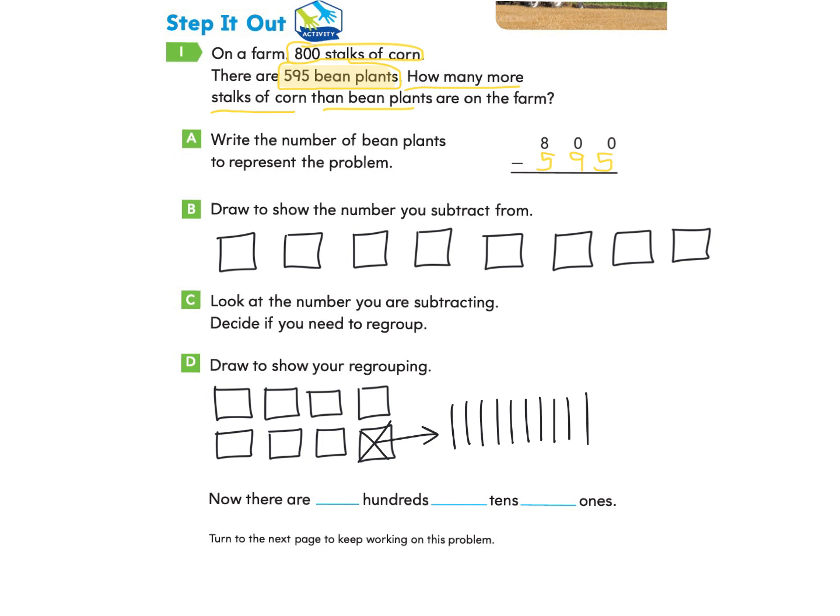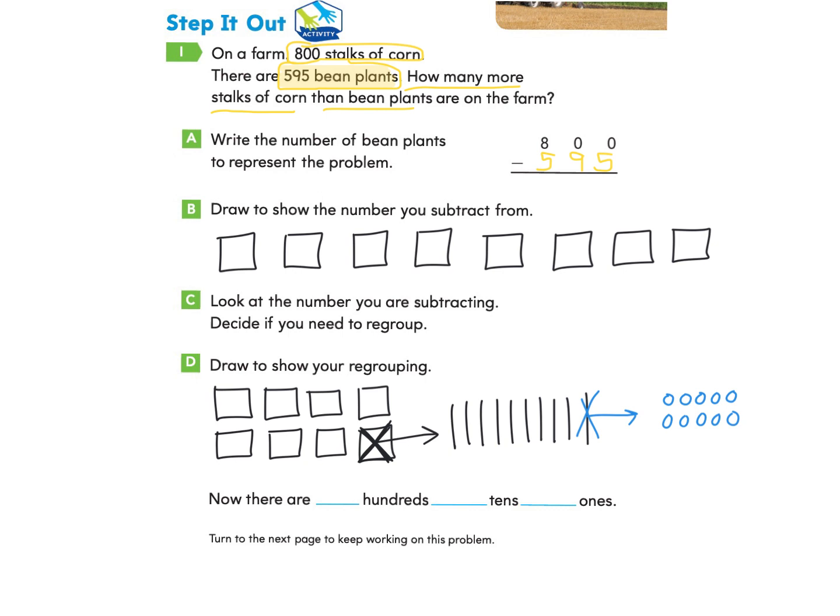Because we know that 100 is actually 10 tens. So I'm not going to have it be 100 anymore. I'm going to break it apart, and now I have 10 tens. I also will need some numbers in the ones column, so I'm going to take one of these groups of tens, cross it out, and separate it into 10 ones.